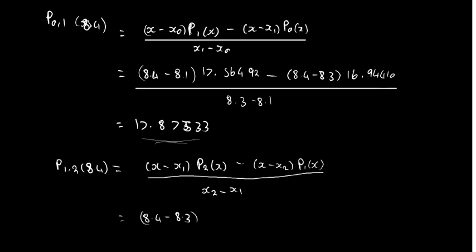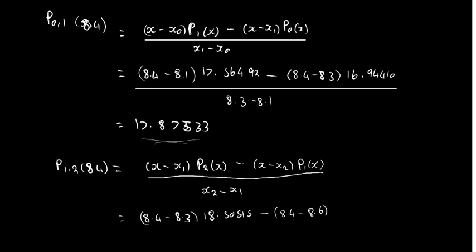Then what is my P2? My P2 is 18.505, minus 8.4 minus what is x2? x2 is 8.6.